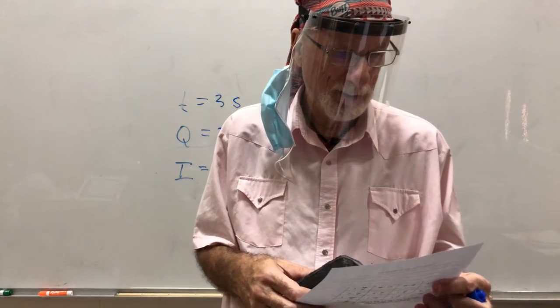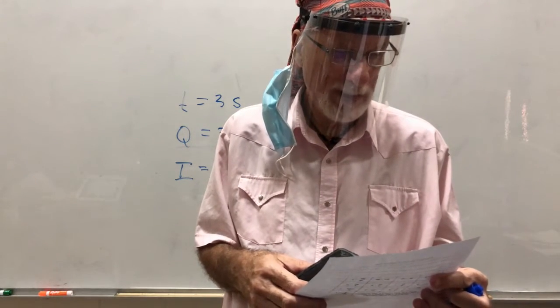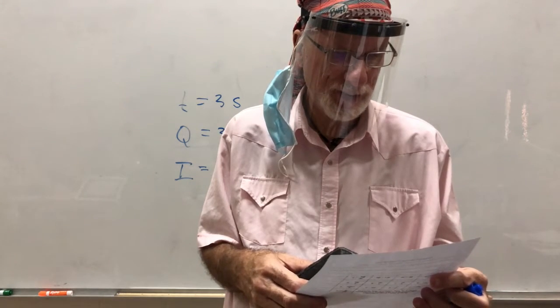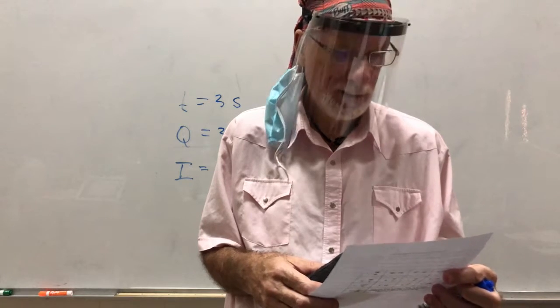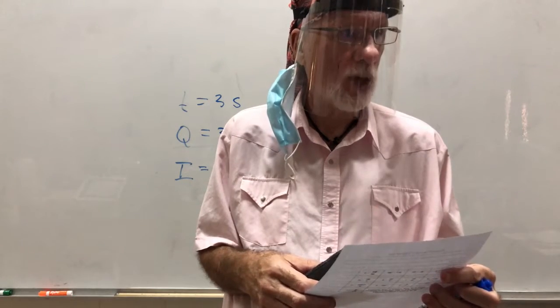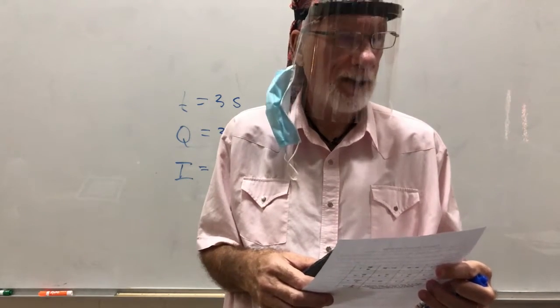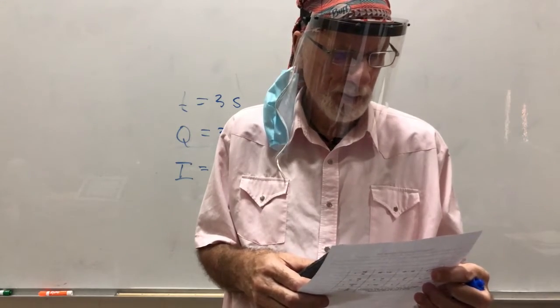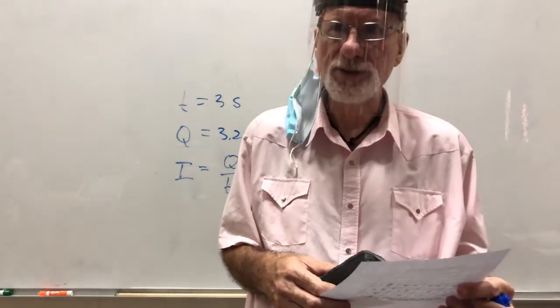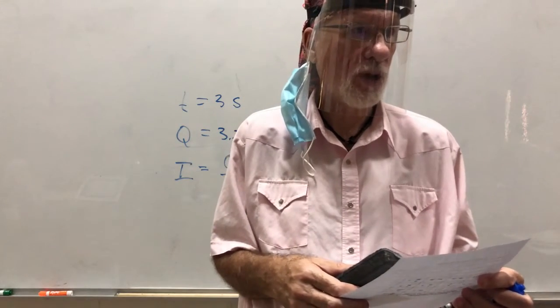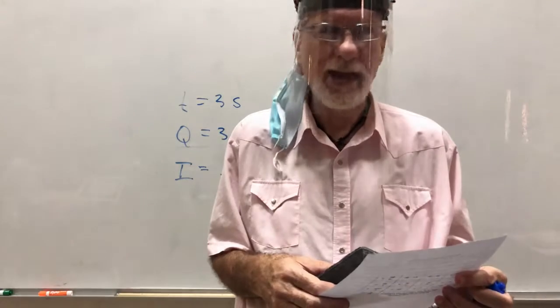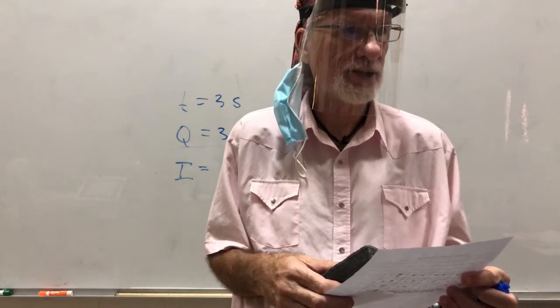Okay, but it says, what is the potential difference across a 10 ohm resistance, that little weird sign, omega? What's the 4-letter word for potential difference?